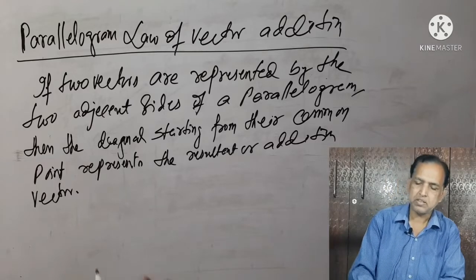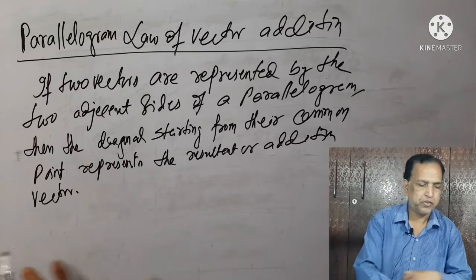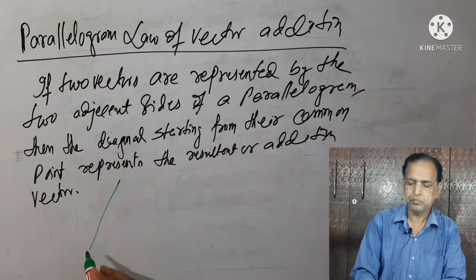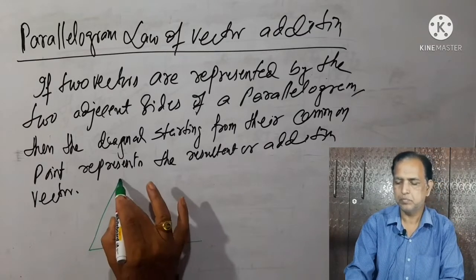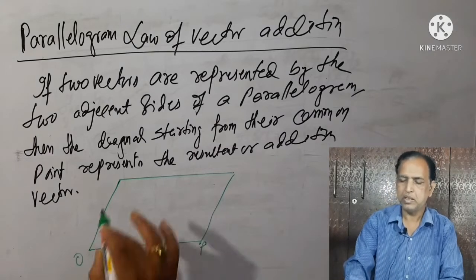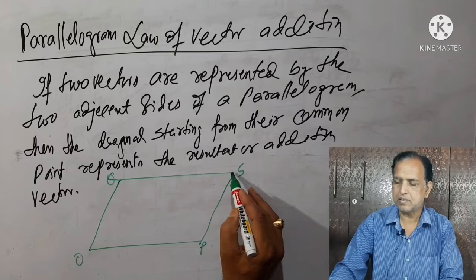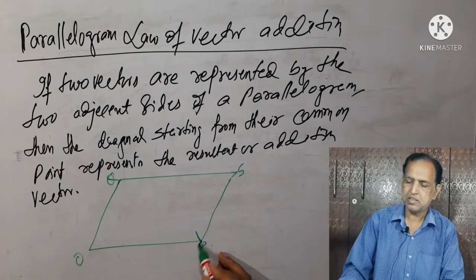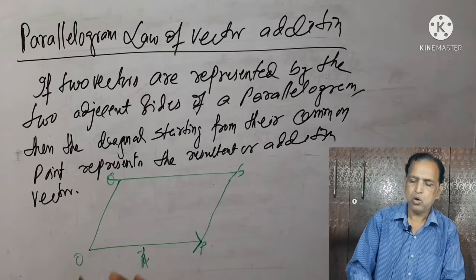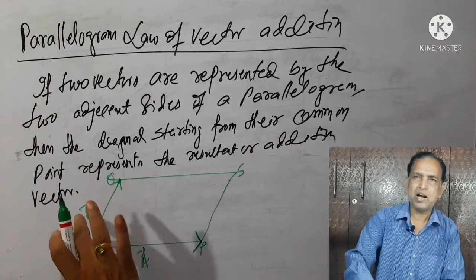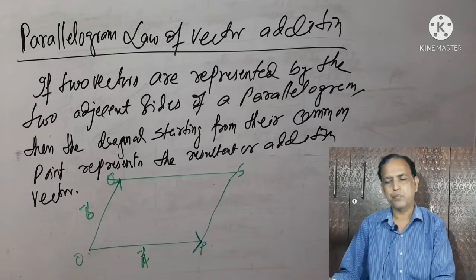That means if it is a parallelogram OPQS, OP represents the vector A, OQ represents the vector B. These two are adjacent sides.